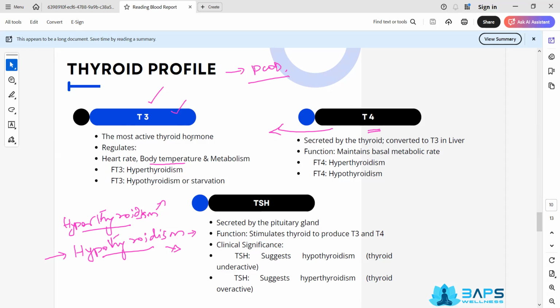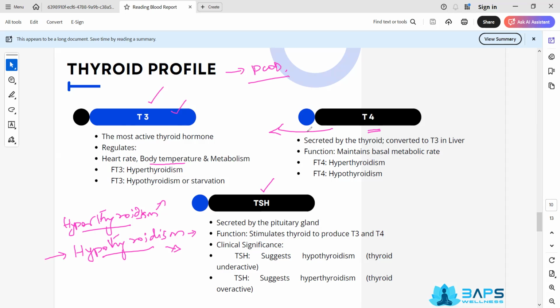Along with the thyroid hormones, we will have to see the thyroid stimulating hormone also in case of thyroid performance. Because if the thyroid glands are not in a position to produce an adequate level of thyroxine, T3 and T4, then the signal goes to the hypothalamus and it triggers the pituitary, and the pituitary secretes TSH.